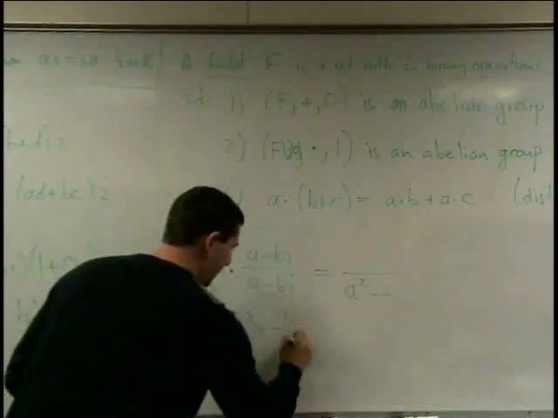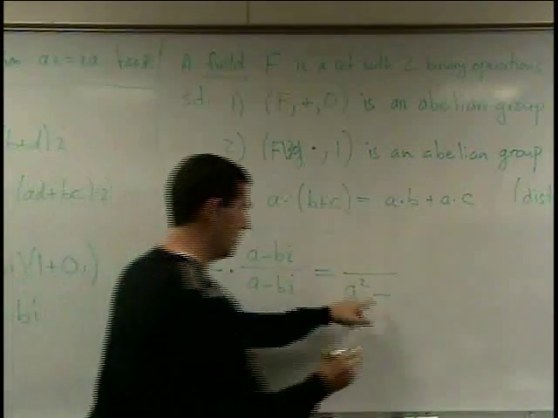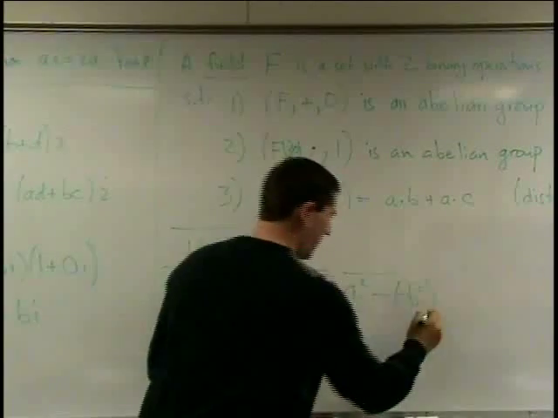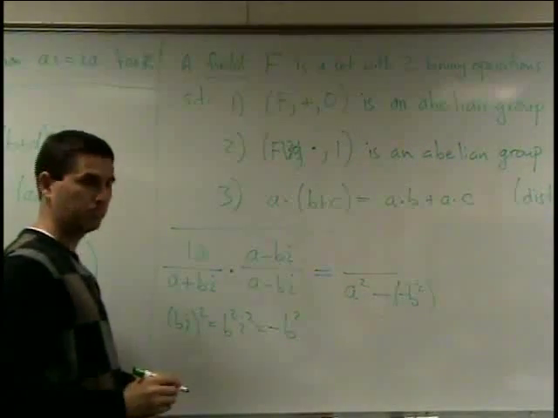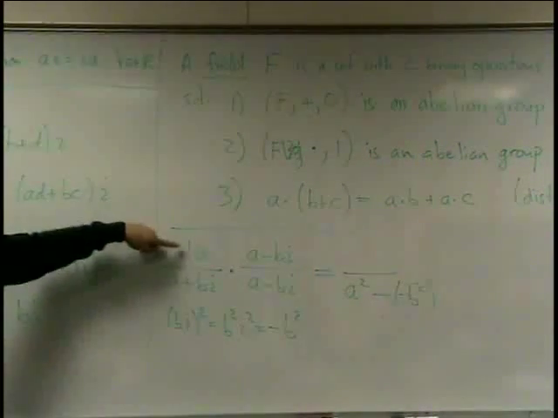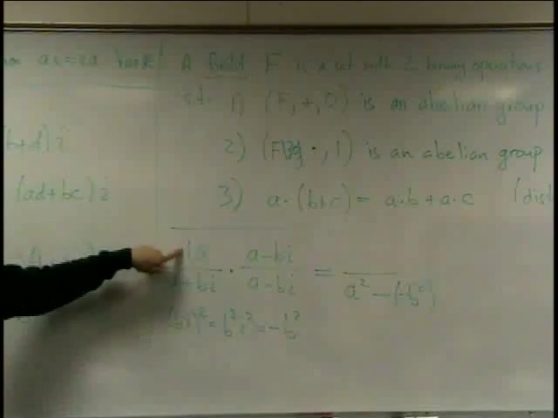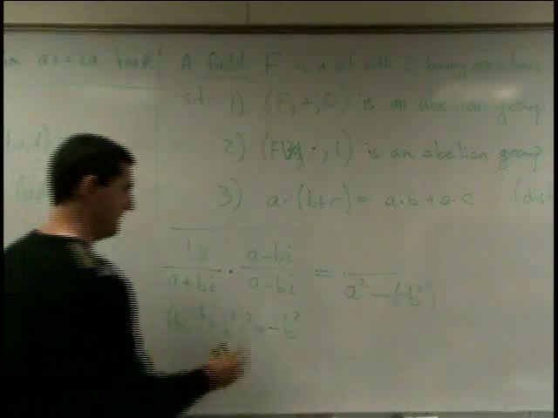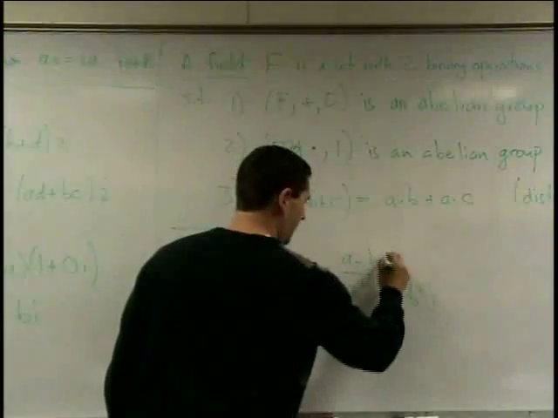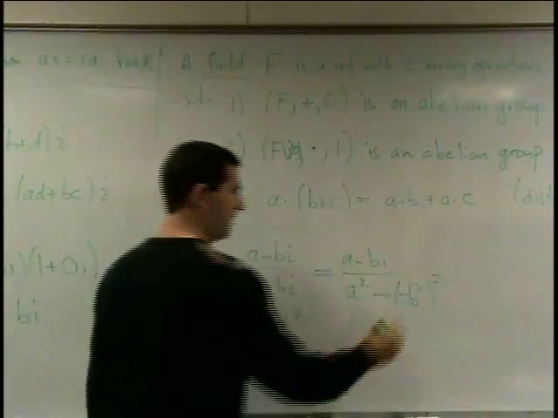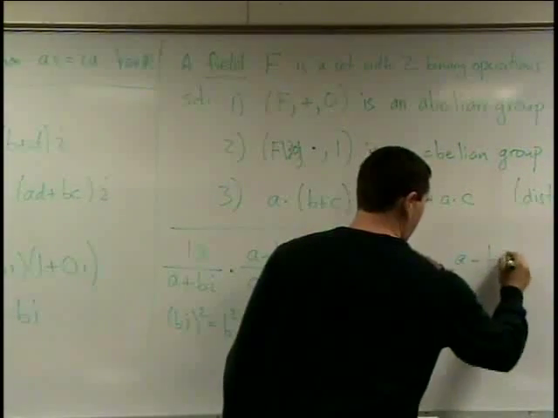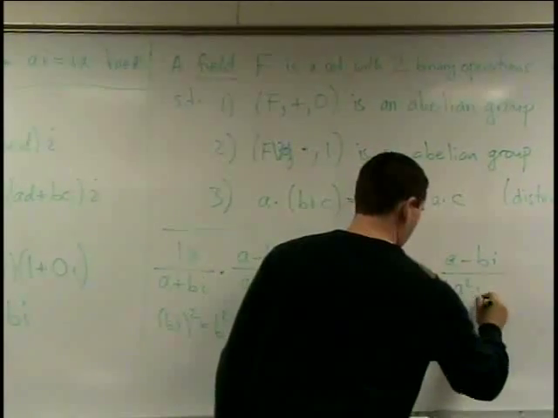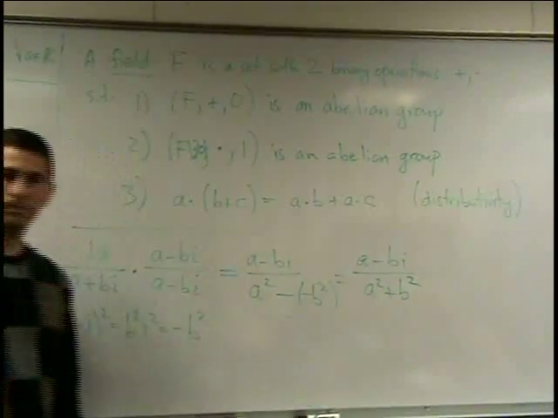So this actually is minus b squared. So we get a squared minus b squared. And on top, it's really easy because we know how to multiply by 1. This is a minus bi. And so if we simplify the bottom, we get a minus bi over a squared plus b squared.